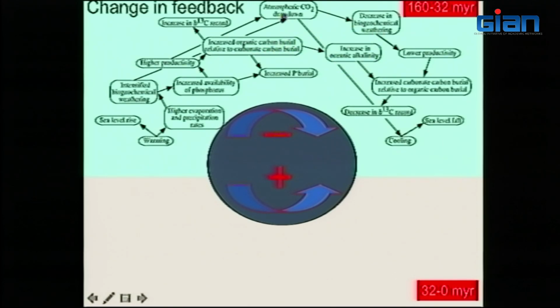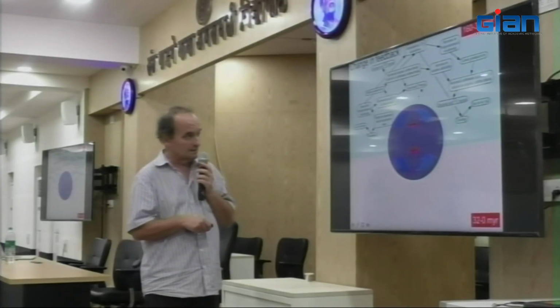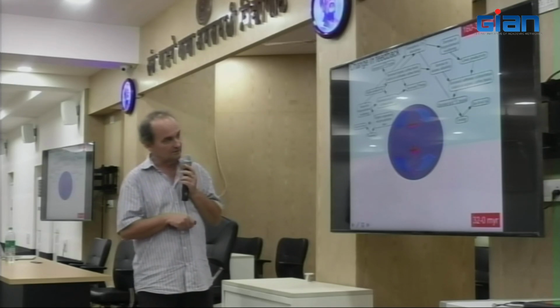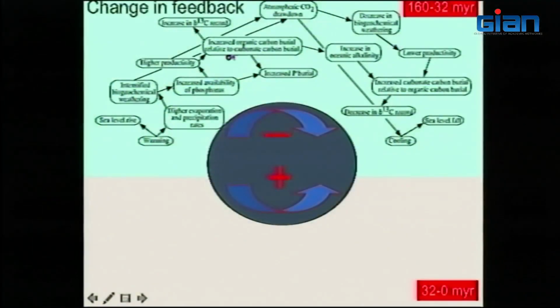So if you decrease the CO2, you decrease the greenhouse condition, and you decrease the biochemical weathering, and you have lower productivity, and you increase the carbonate burial relative to organic burial, and you get a cooling and sea level fall. And you put these things more or less in reverse. So you have an acceleration here. This is a negative feedback, and after a positive feedback, which will stop this warming.